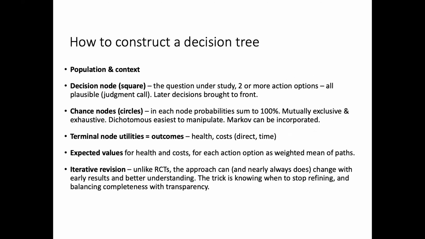In order to construct a tree, you need to know the population. So, for example, someone who comes in with known diabetes and you're considering treatment options, or someone who has a fever and you're trying to assess what's causing it. You start with that decision node, a square, which says, what are the various options that are being considered. And in order to be a good analysis, you need to consider all of the plausible or relevant action options.